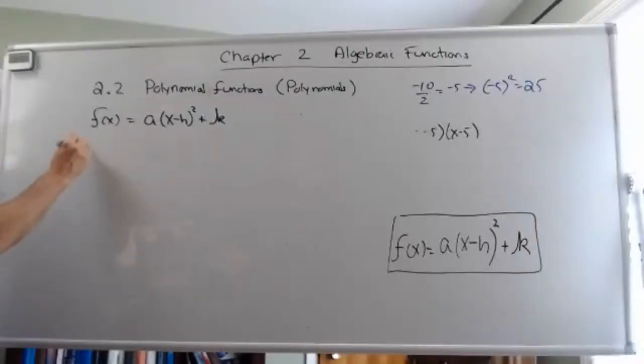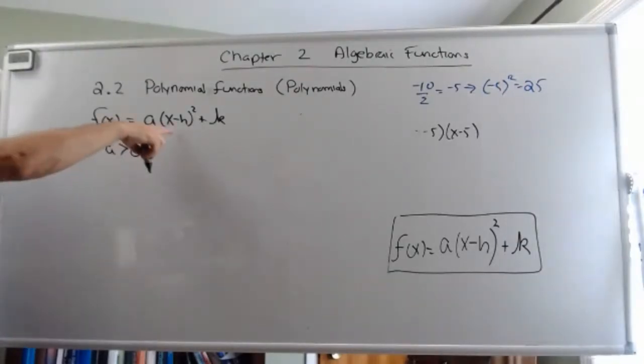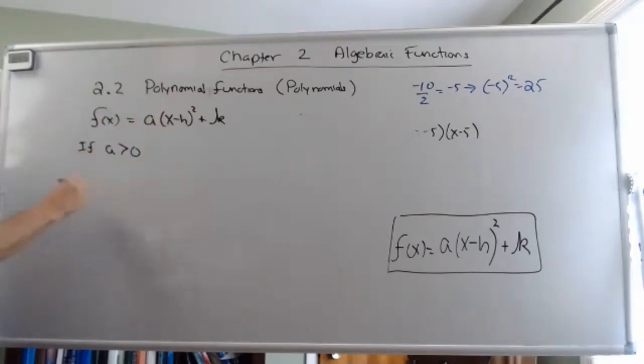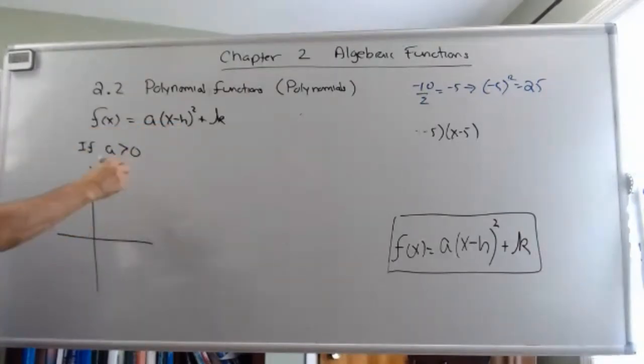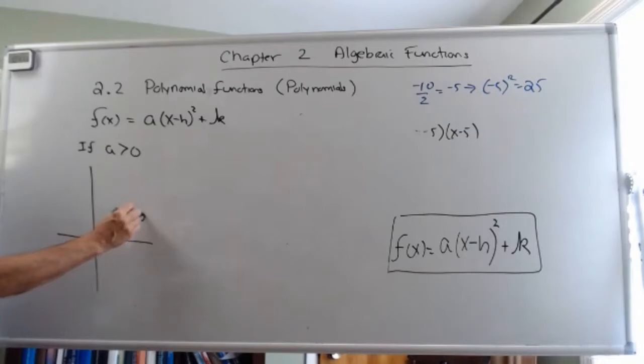Now, if a is positive, so I have a positive coefficient, then the graph looks something as follows. So I have my h, k, so this is the point over here, and my x coordinate is h, my y coordinate is k.